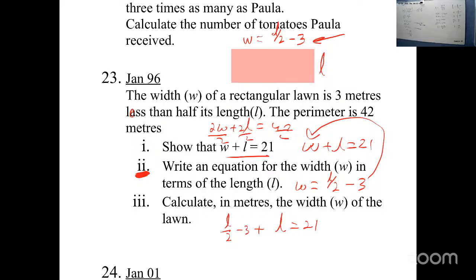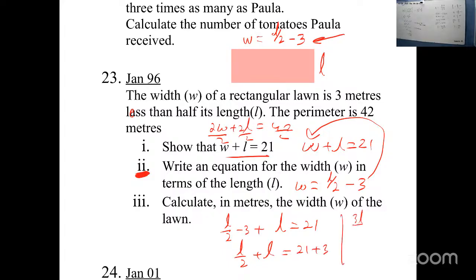What do I do to solve this now? Ethan, how do I solve this? Factorize L. All right. Well, you can bring all the L's together. 21 minus 3 becomes 21 plus 3.